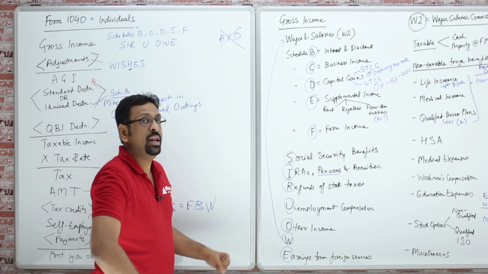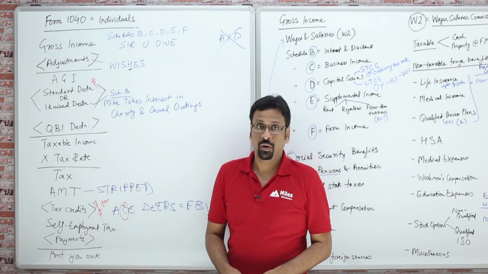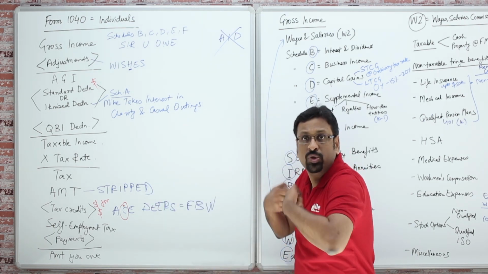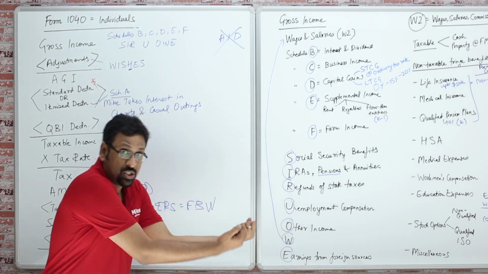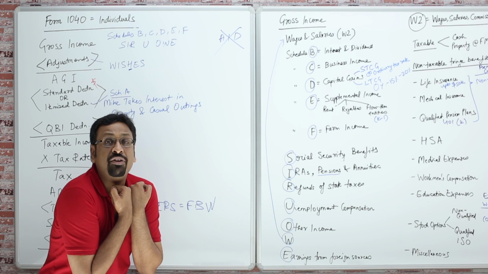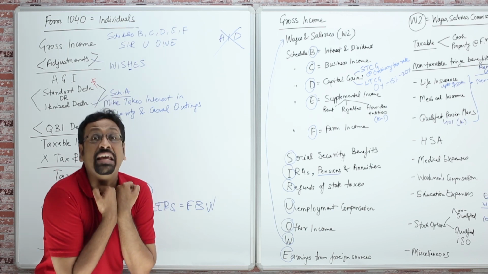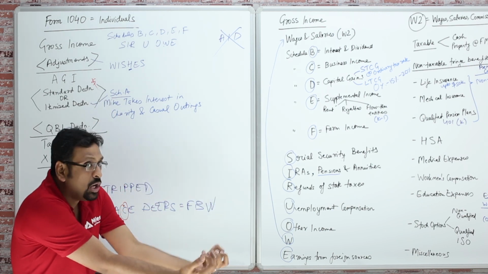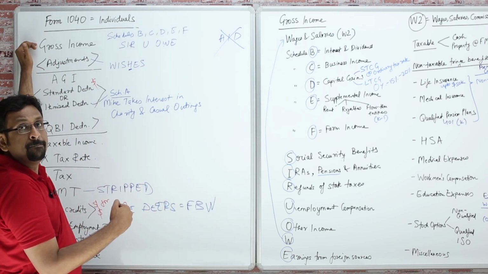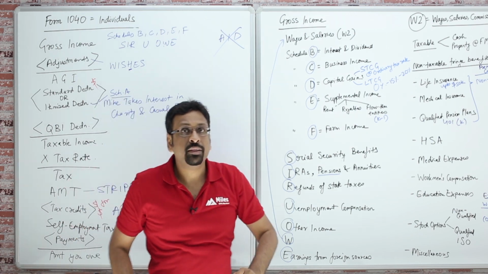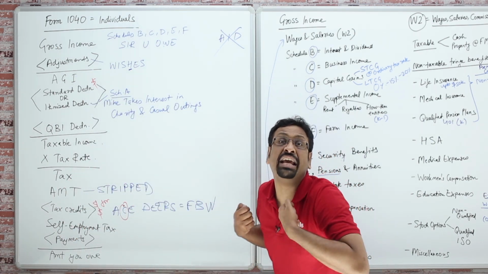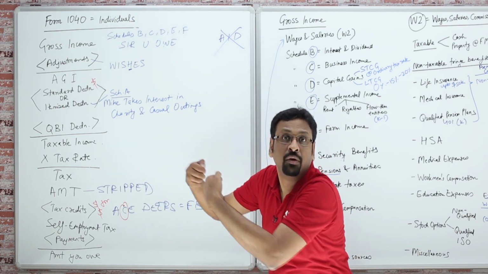But let me get back. Let me talk about the old rules first. So as per the old rules, when the husband was paying alimony to the ex-wife, for the ex-wife it was alimony received. It was taxable income for the ex-wife. She included the alimony received as part of gross income. The husband, poor husband, was paying out the dollars even after the marriage was called off.